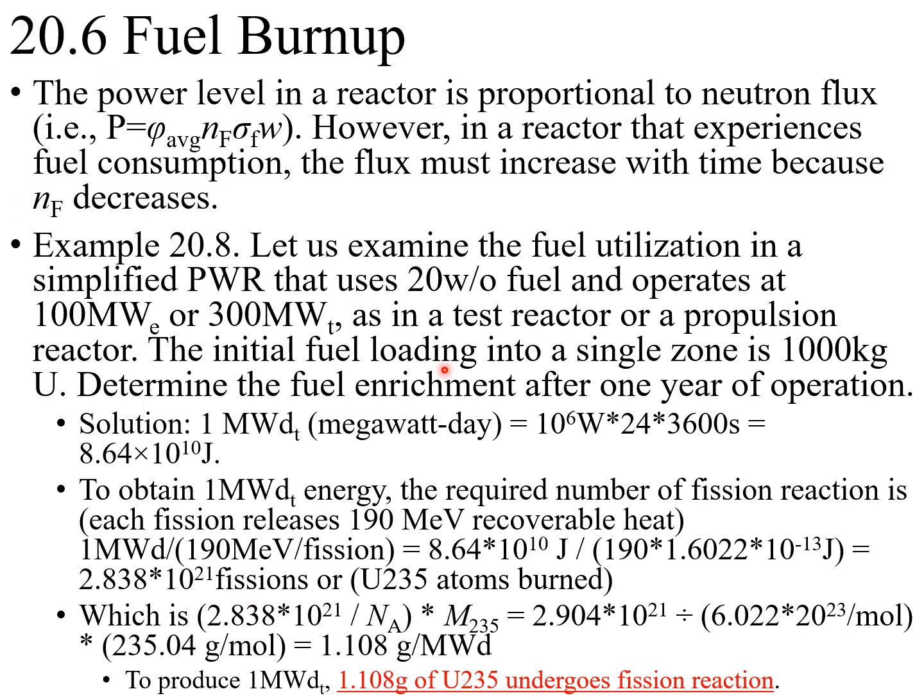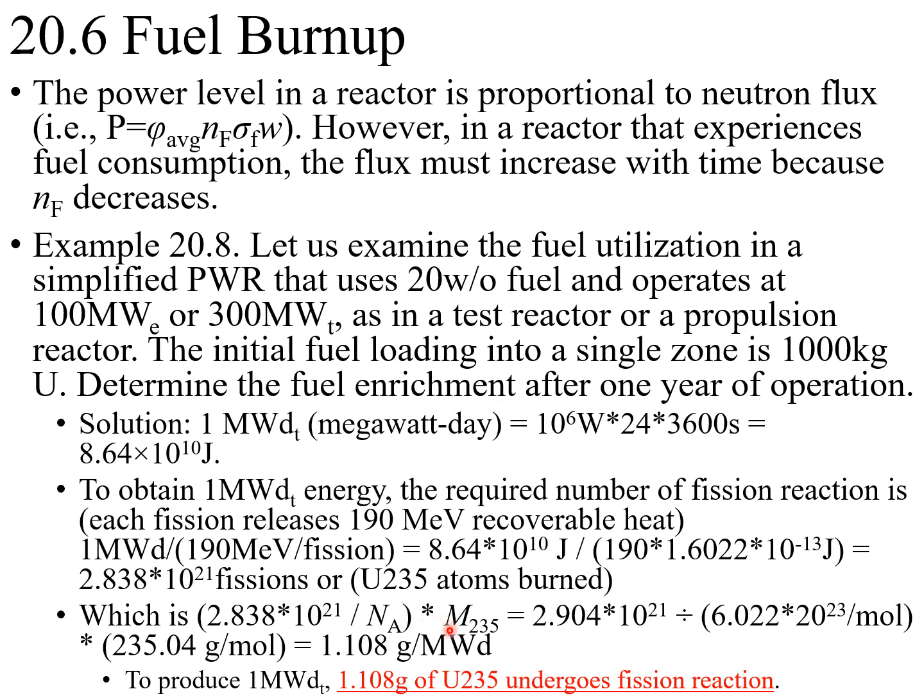We also know the mass of the uranium-235 fuel atom, which is 235.04 gram per mole. So we use the number of fuel atoms burned divided by the Avogadro number. We get the number of moles of this fuel that is burned. Then we multiply by the atomic mass.